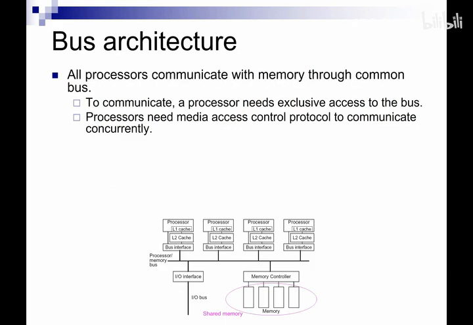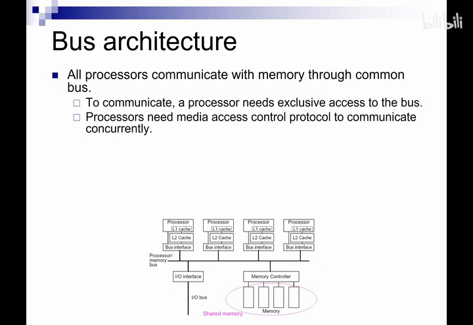Now let's look at some specific architectures for the communication systems. The first architecture is the bus architecture. This is the simplest memory architecture, where you have multiple processors all connected onto a single memory bus.